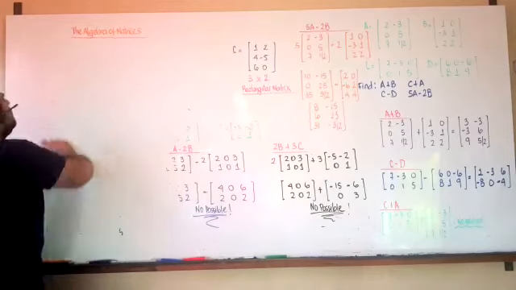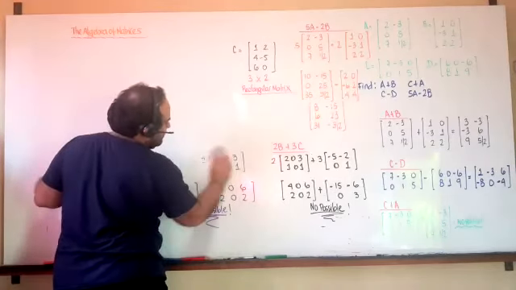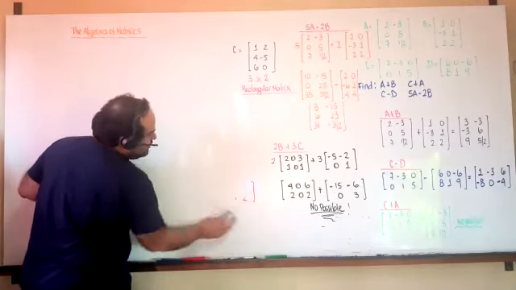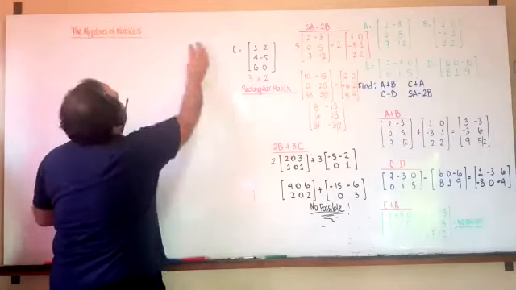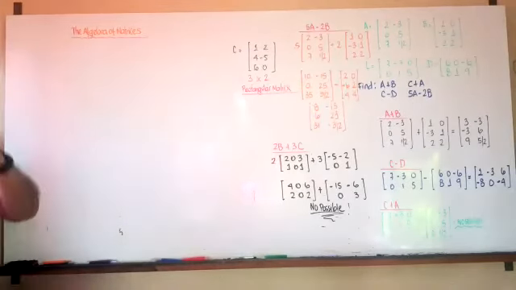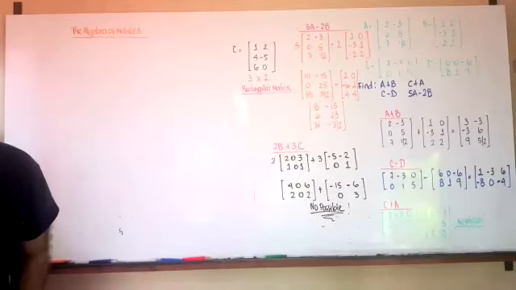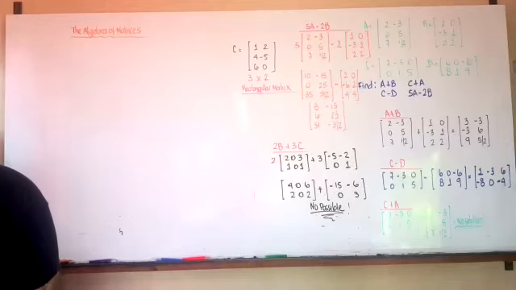Okay, we learned how to add and subtract matrices, and how to multiply a number by a matrix. But what happens when we multiply a matrix by another matrix?